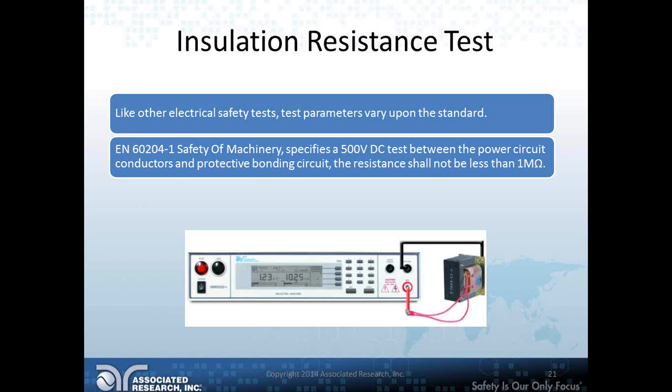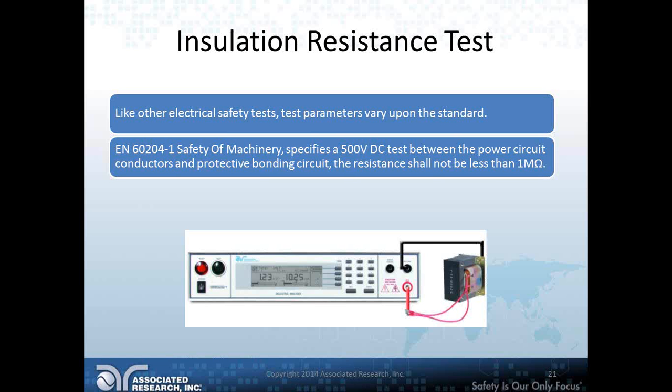For example, the Omnia 2 series that we saw in the two videos is a complete electrical safety analyzer. Basically it's a 7-in-1 tester. It's capable of performing AC, DC, Hipot, ground continuity, ground bond, insulation resistance, functional run, and line leakage.